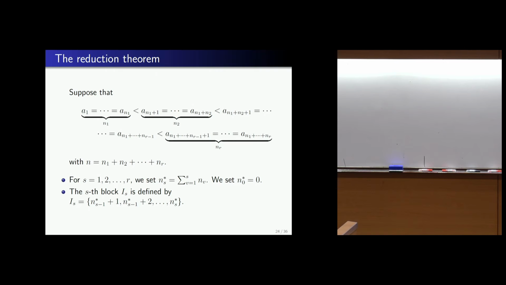We set n star S to be the sum of n_v for v from 1 to S, and the S-th block I_S is defined by n star S minus 1 plus 1, and so on, to n star S.